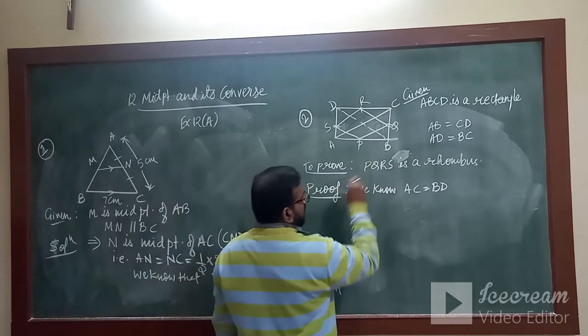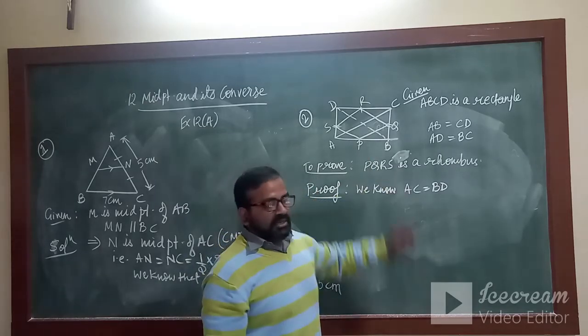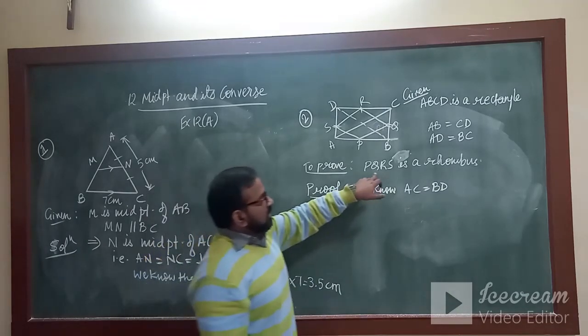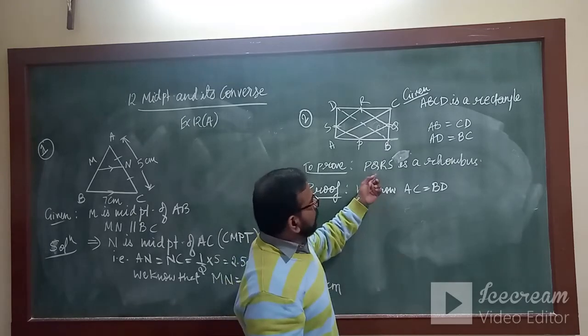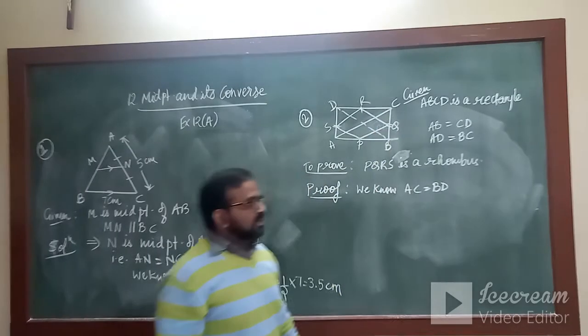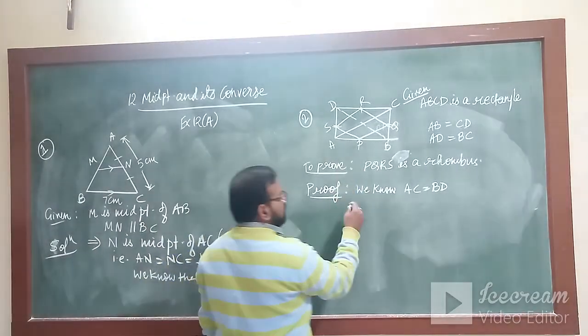How? Second thing is, if you want to prove a certain geometry as a rhombus, if you can prove that PQRS is a parallelogram, and then if you prove that any two adjacent sides are equal to each other, then in that case the geometry becomes the rhombus. So let's see.